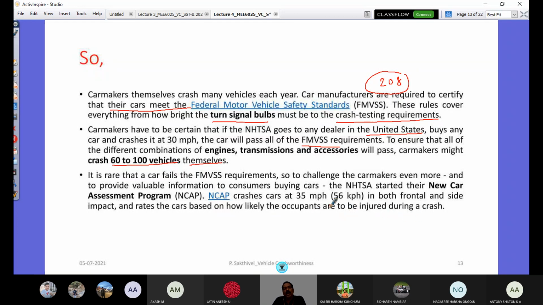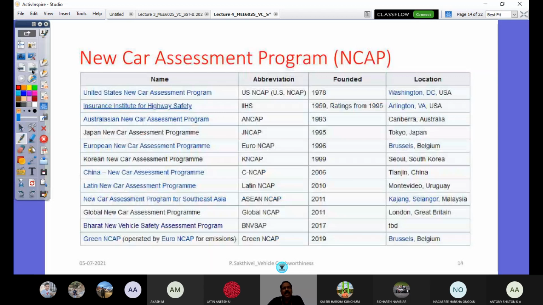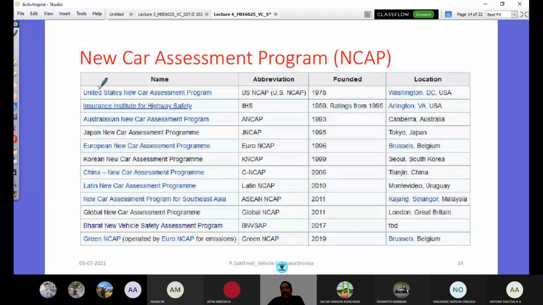This New Car Assessment Program resulted from a government act, and many countries are following it. In the last class we were looking at the slide, and I have put it here again. You see that our country is the 10th country in the globe to go for this assessment, called the Bharat New Vehicle Safety Assessment Program.